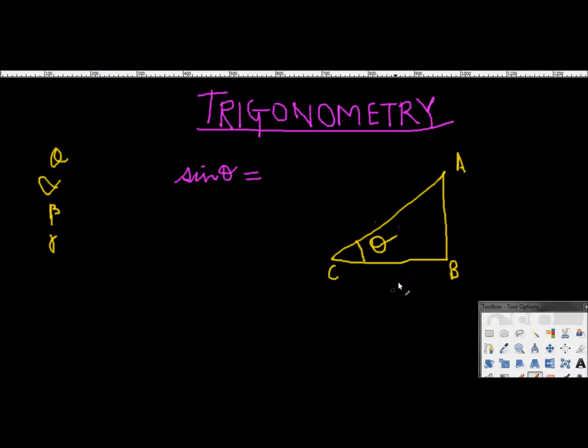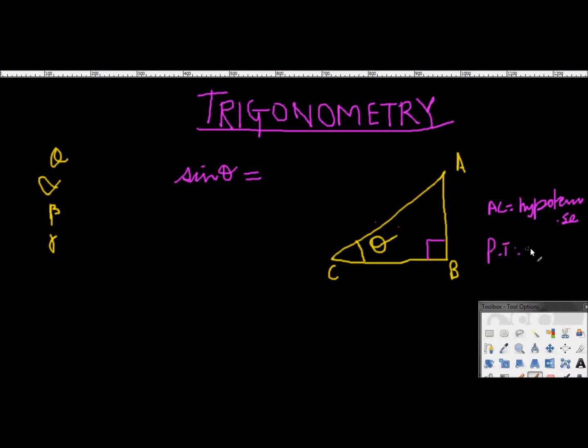Now guys, this is a right angle triangle, and this side AC is the hypotenuse. Now you should be knowing this. And in a right angle triangle, this is the longest side. So AC is the longest side, and by Pythagoras theorem you should also be knowing this.